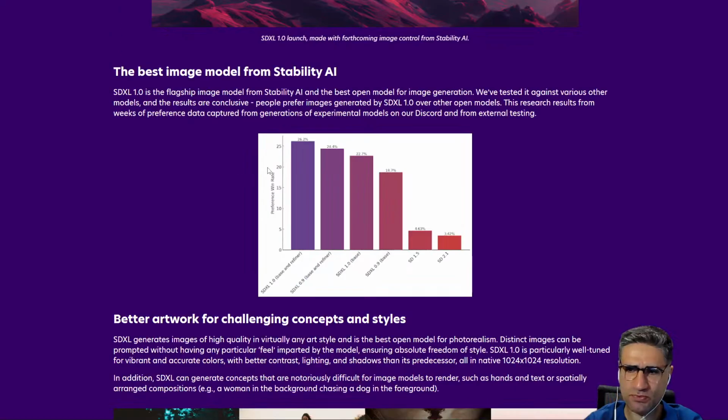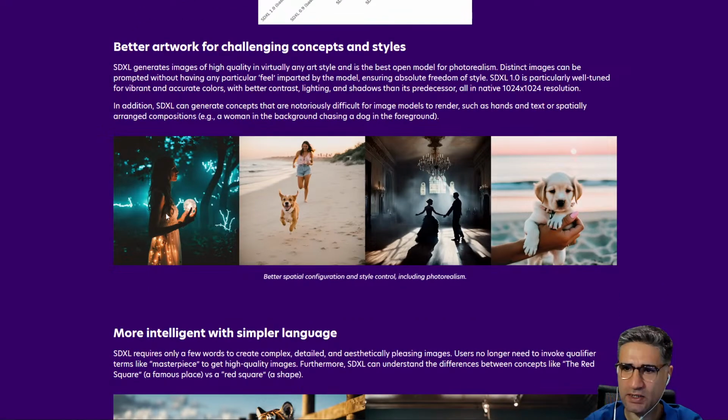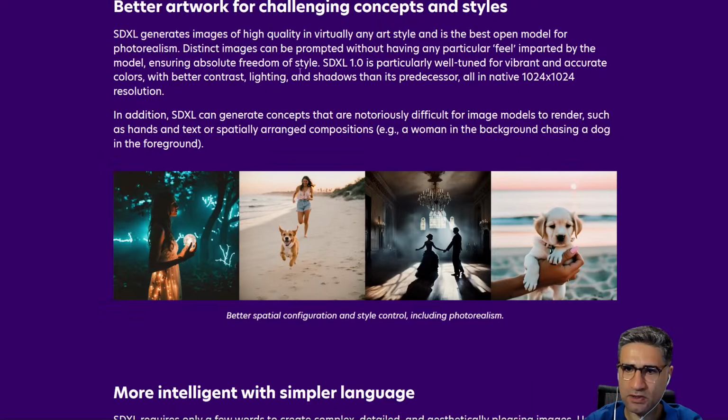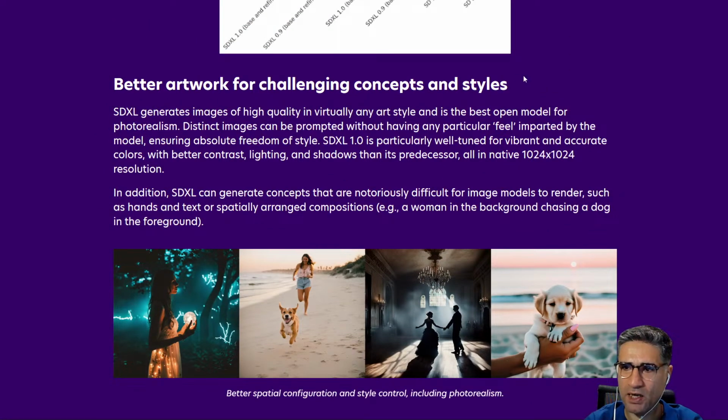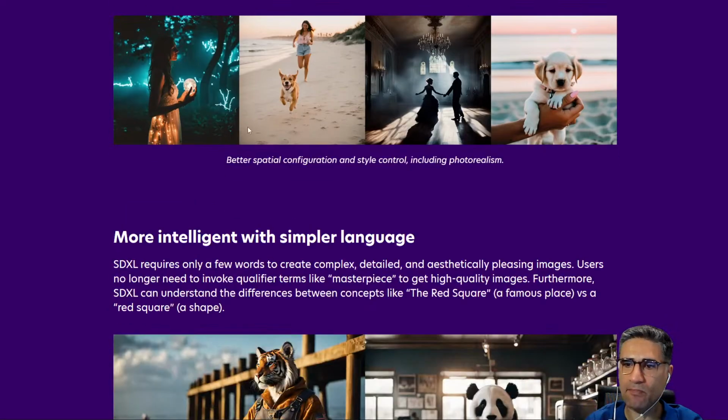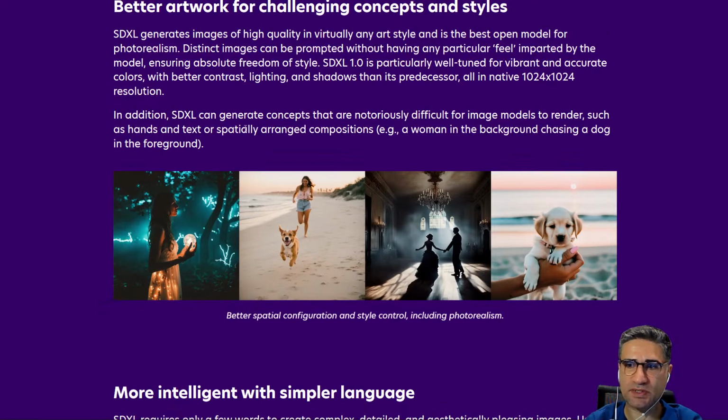The quality is much improved, and they told us that it can have better understanding of the concept and also the style. I did some tests and I figured out it's completely true.